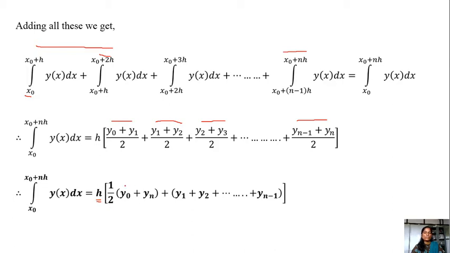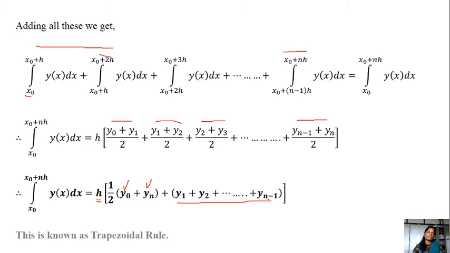Then 1 upon 2, then the value of the function at the initial argument and the value of the function at the final argument. So first and last terms y0 and yn, divided by 2, and plus add the remaining terms except the first and last.